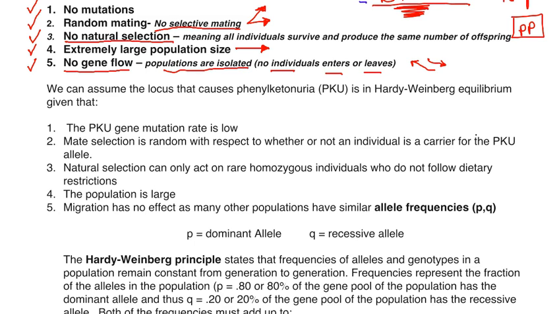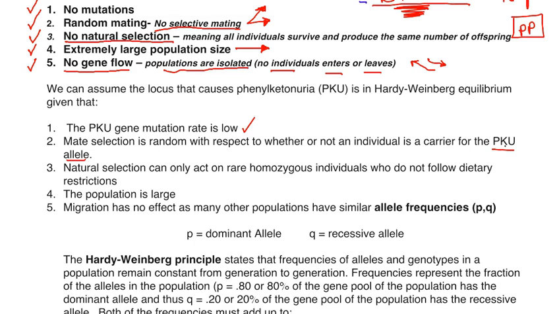principle or equilibrium, we'll make more sense of that word equilibrium later, is that the PKU gene mutation is very low. So therefore, there are no mutations. Mate selection is random with respect to whether or not an individual is a carrier. We don't ask our potential mates, hey, do you have PKU? We don't ask our potential mates, basically in our society, hey, do you have good vision? All those things.